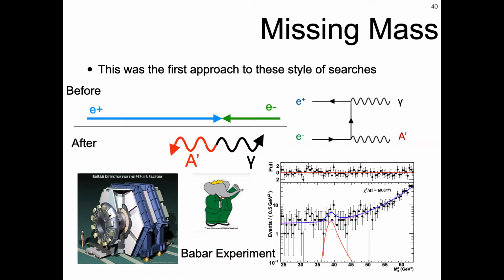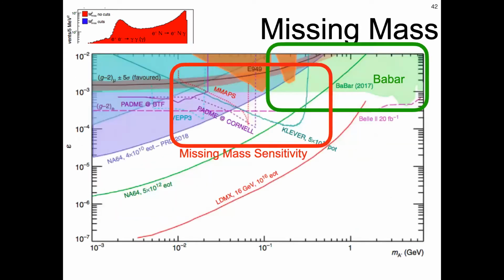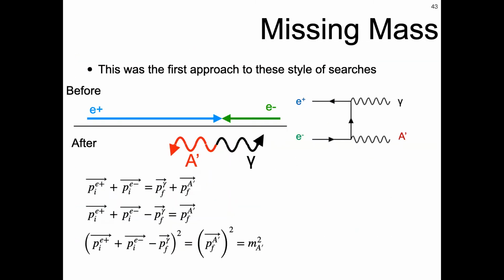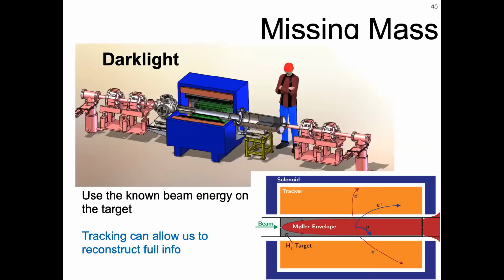Are there Moller scattering experiments that could probe this kind of parameter space? Yeah, I was just about to talk about DarkLight, where at least Moller scattering is your main background. So the DarkLight is probably the closest one. The idea is you have an electron on a target, and then it's an elastic scatter.